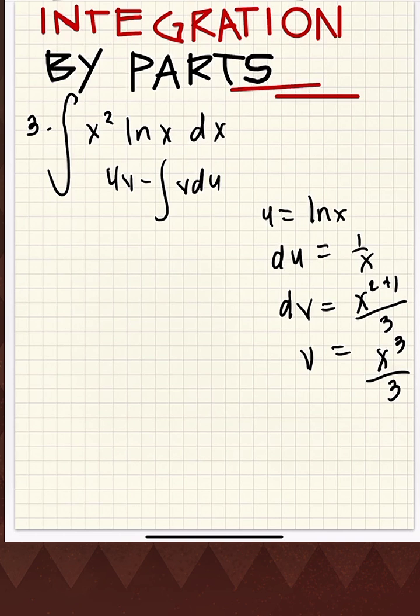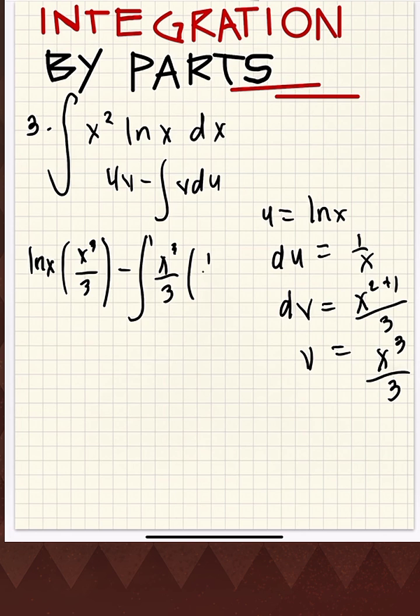So what is our u? It is ln x. Our v is x cubed over 3 minus the integral of x cubed over 3 multiplied by our du, which is 1 over x.